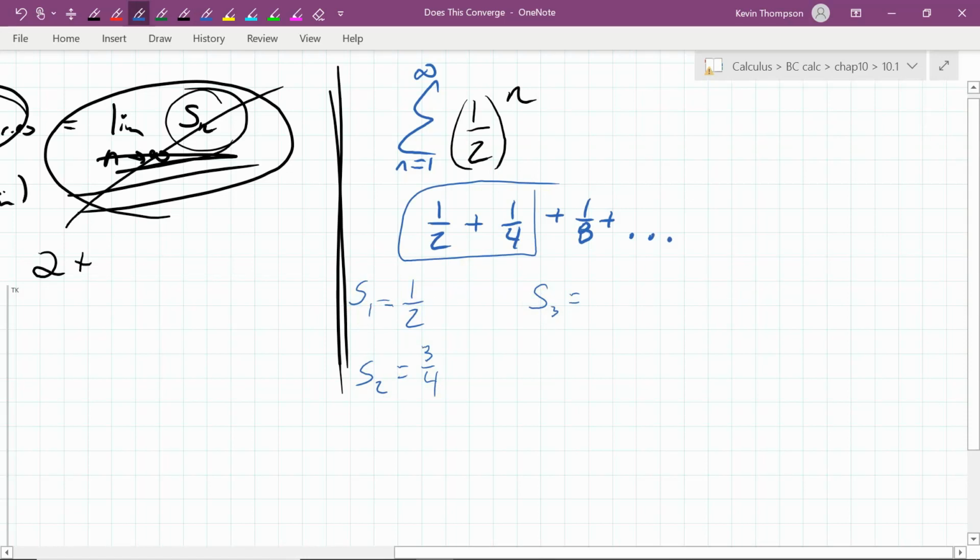Come on, faster. 7/8. Next one. What is the next one? 15/16, and then 31/32. Have you seen a pattern yet? That's interesting.